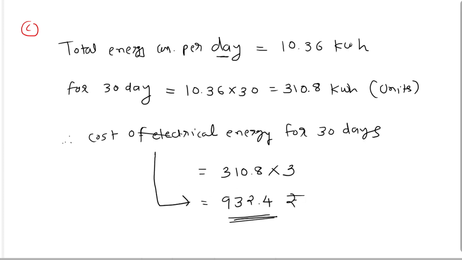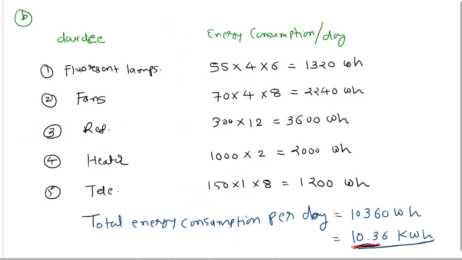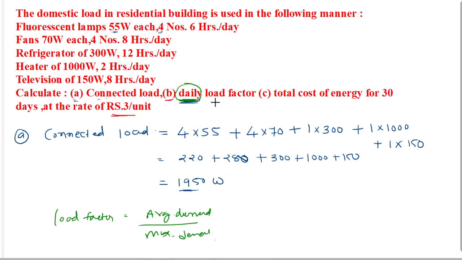That is our monthly cost for our energy consumption. So here we found the connected load, daily load factor and total cost of energy for 30 days at the rate of rupees 3 per unit. Thank you very much.